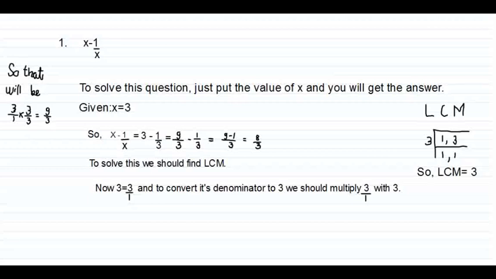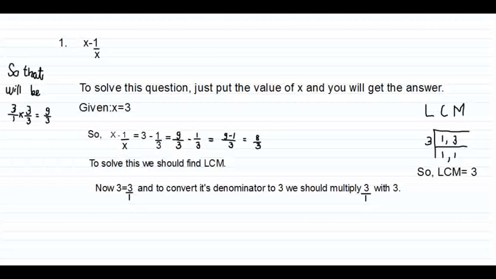Now 3 is equal to 3 by 1, and to convert the denominator to 3, which is our LCM, we should multiply 3 by 1 with 3. That will be 3 by 1 into 3 by 3, which is equal to 9 by 3.